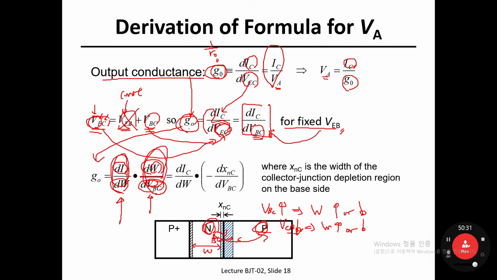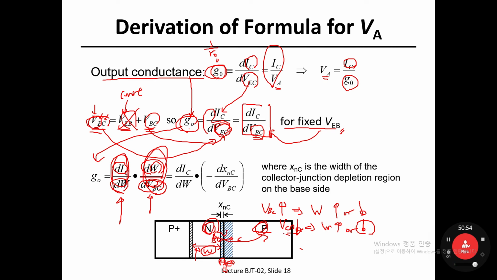That means the depletion layer width decreases under forward bias, so this depletion layer width would become smaller. In other words, this W increases.